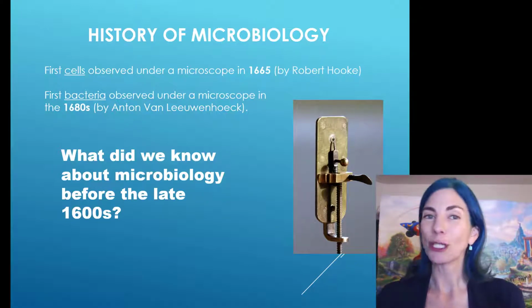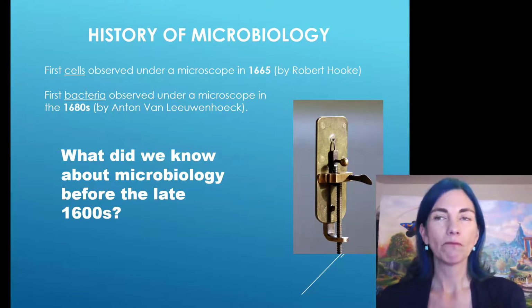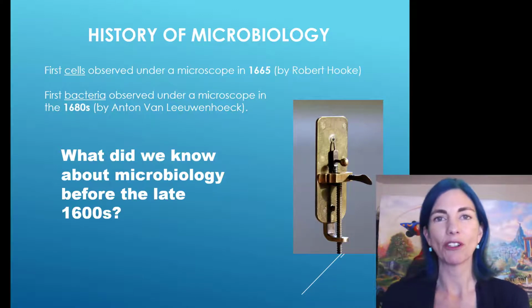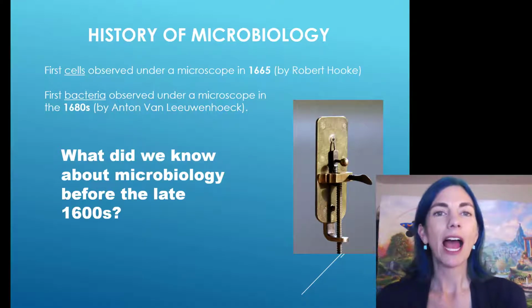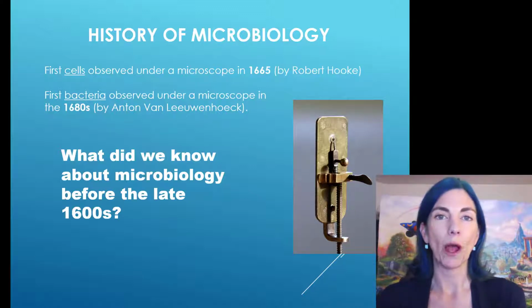About 20 years later, a Dutch amateur scientist, someone who just dabbled on the side, named Anton van Leeuwenhoek, was able to observe bacteria for the first time in the 1680s.